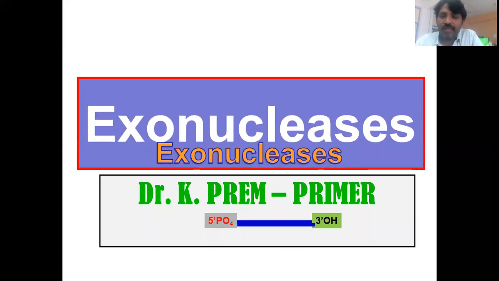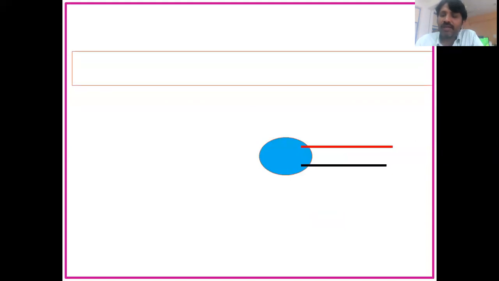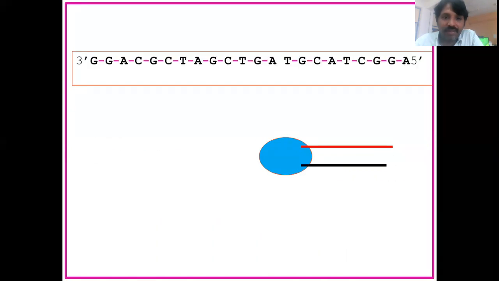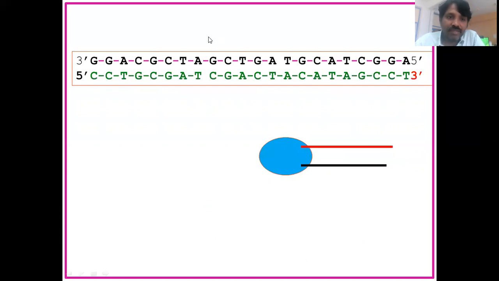As I told you, exonucleases initiate their activity from the ends, terminus or nicks of the nucleic acid molecule. Here I have taken one small fragment of a double strand DNA molecule. You can see each nucleotide is connected by a phosphodiester bond.